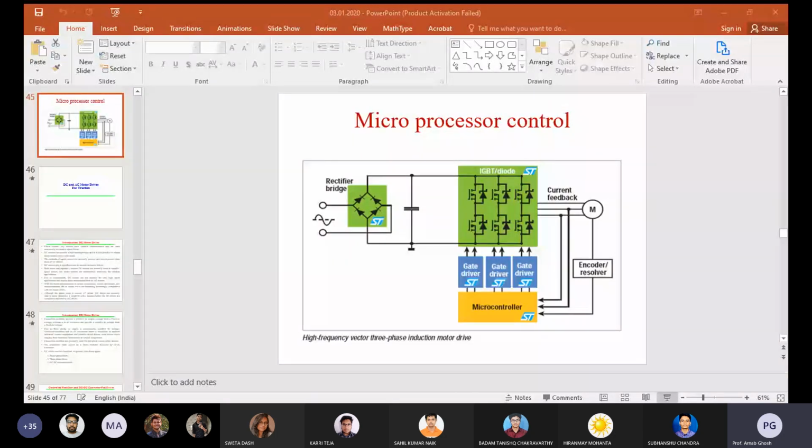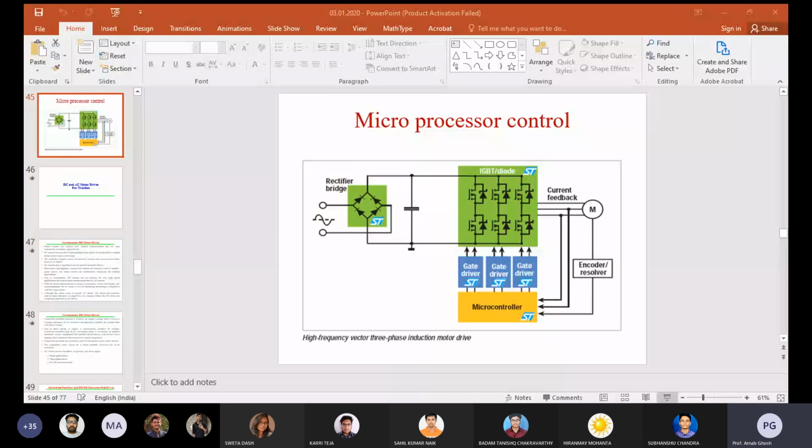Some colleges have a low-cost setup and only ask for running a DC motor and speed control of it. What they do is take four diodes and connect them in a bridge configuration.